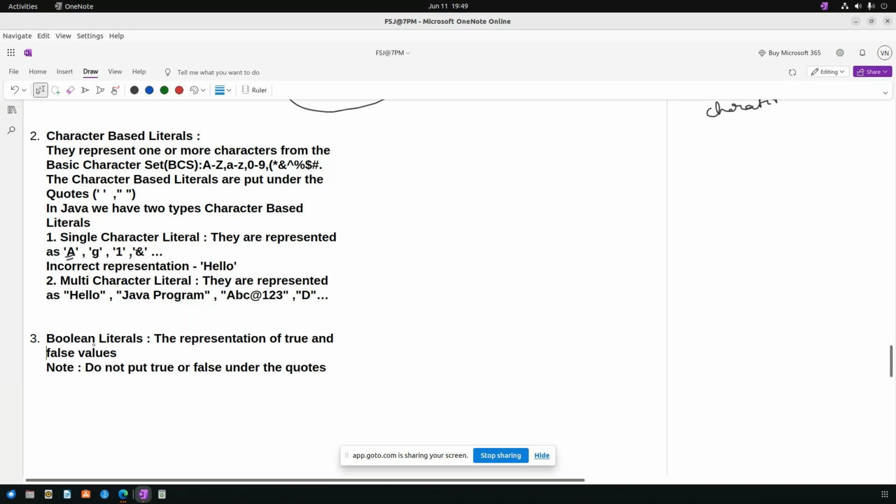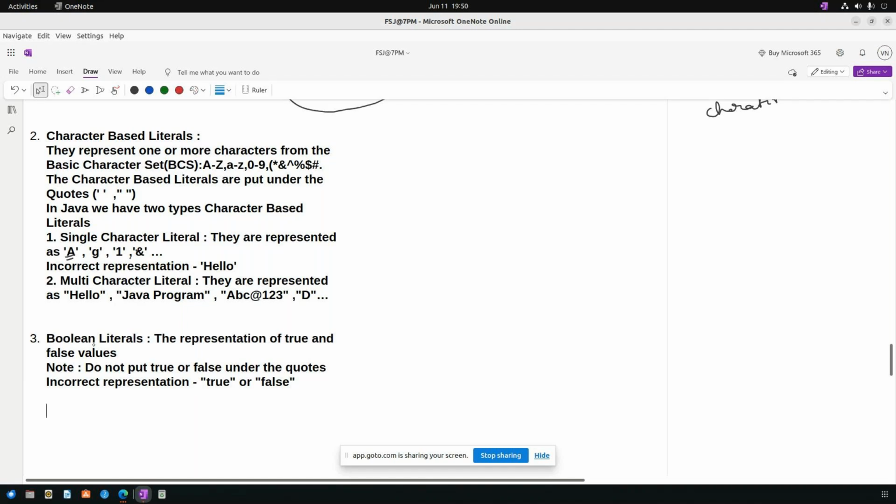If you want to have true or false, have it without quotes. You cannot represent it in this way, since you are trying to change their property, which is not possible. So these are the Boolean literals.